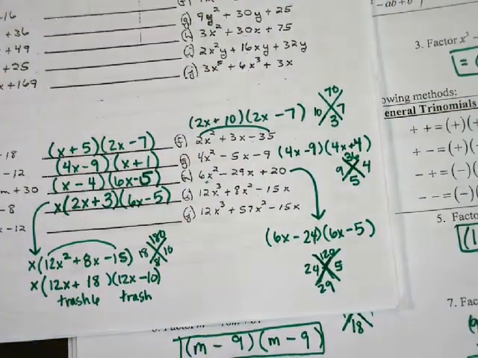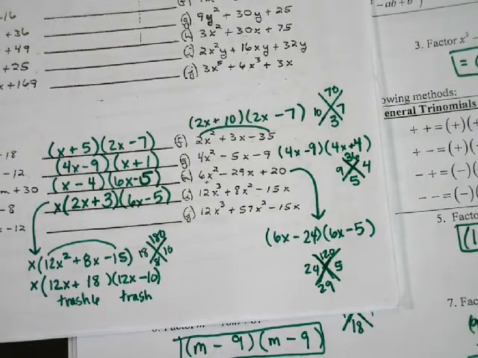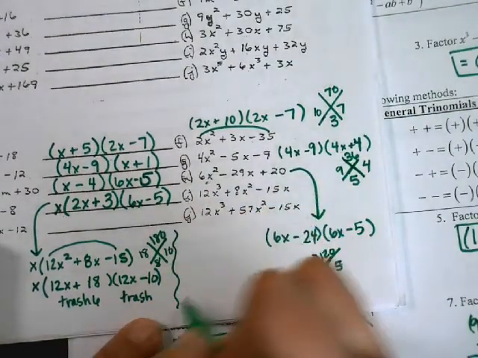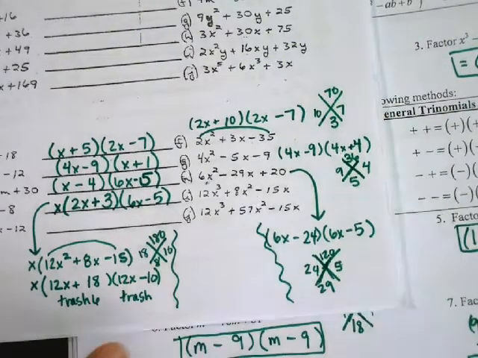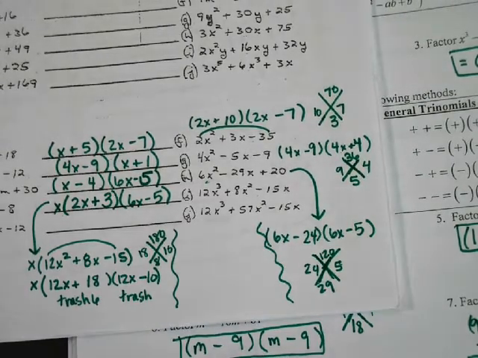Alright, see if you can do J. Hint, hint, wink, wink. You can take a 3 out.